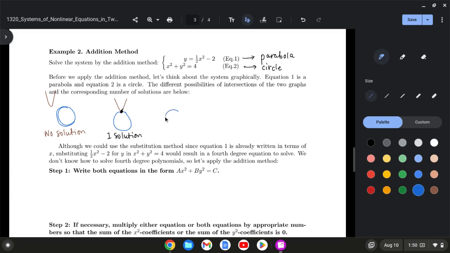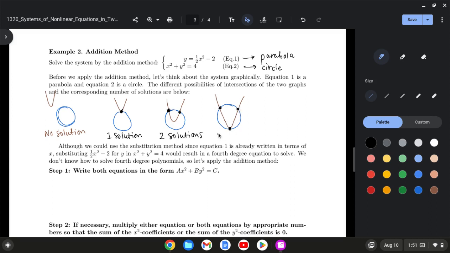If we had a circle and our vertex for the parabola was inside the circle, then we're going to end up having 2 points of intersection. So 2 solutions. If we had a circle and our vertex of our parabola was sitting at the bottom of our circle, well, then we're going to have the shared point of the vertex with our circle and these other 2 points.